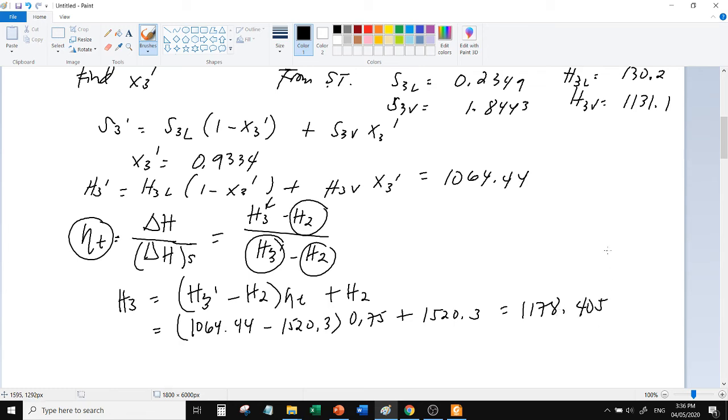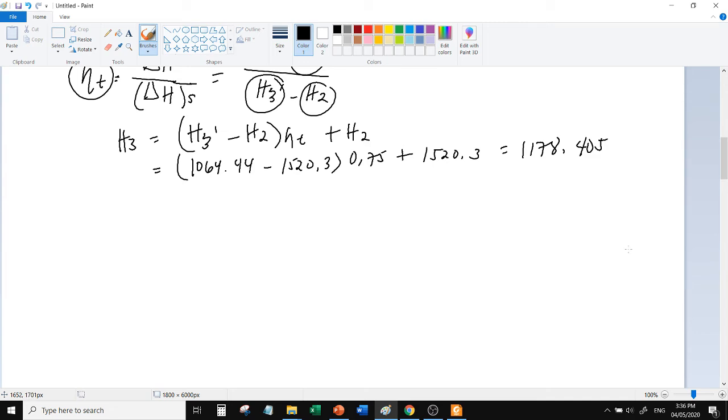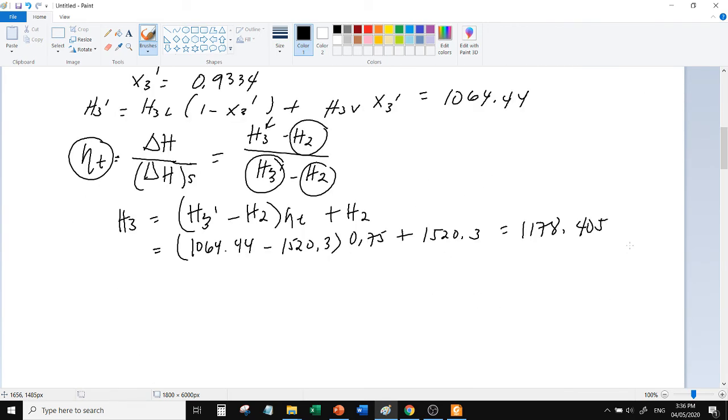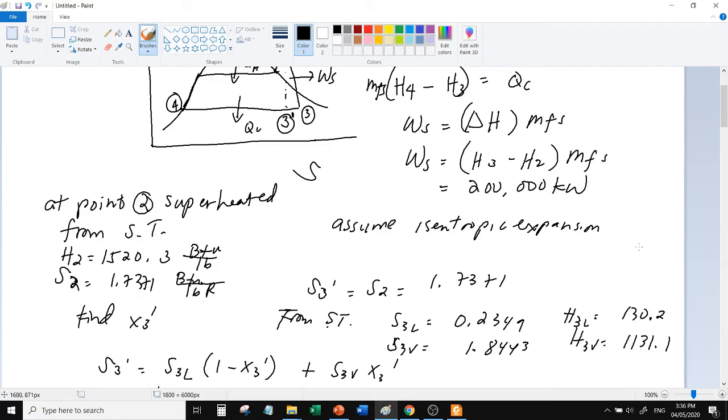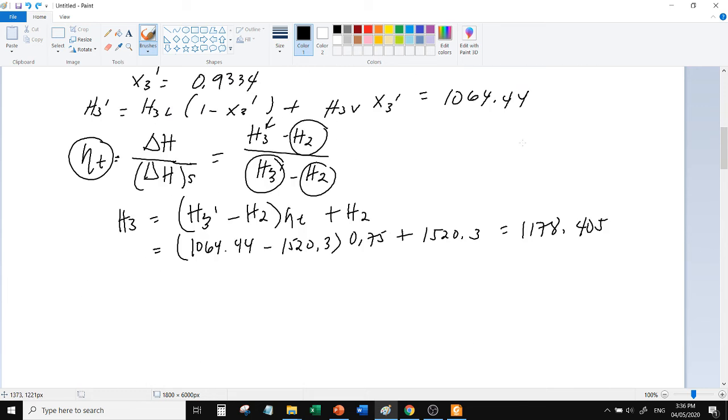Now, masasolve na ba natin yung mass of flowing stream? Yes, masasolve na natin. Kasi, meron na tayong H3. Ito yung equation natin eh. Yan. So, mass of flowing stream kilojoules per second.